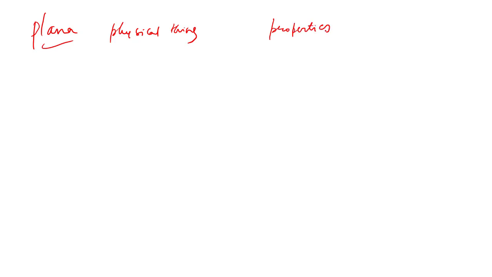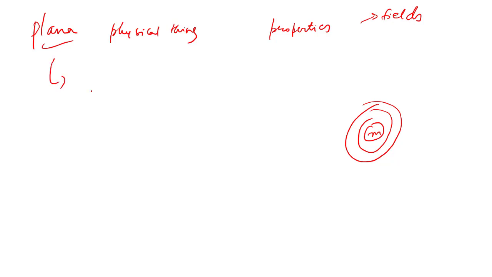So this gravitational field that we looked at for this mass that goes around into plana, that field is a property of space. And this plana, you can define it as the non-massive substance between massive bodies. It is important to note that when we mean non-massive, we don't mean anything spiritual here.